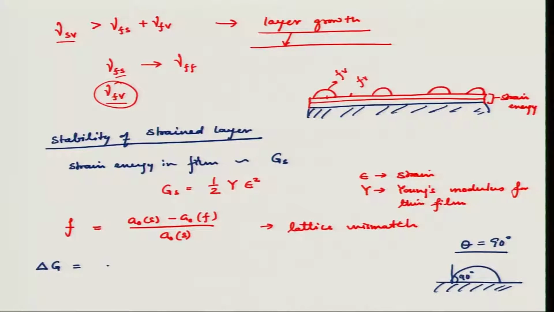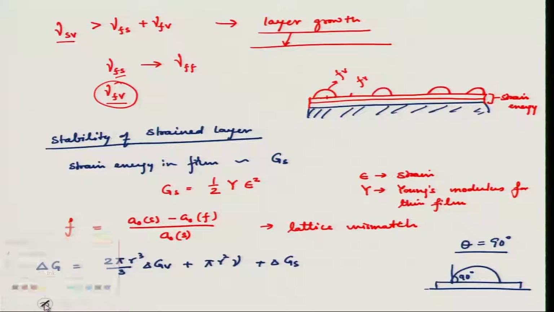Okay. So, when we do that, this will become 2 pi r cubed by 3 delta GV, the volume phase change energy, plus pi r squared gamma, plus delta GS. Now, let me simplify it. This is my thin film, and this is my substrate.